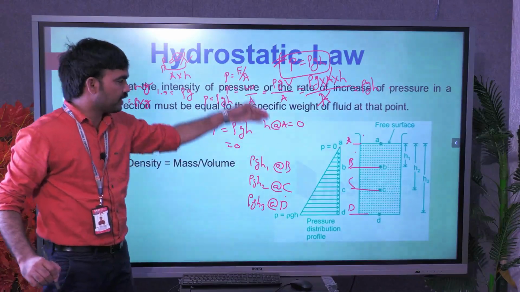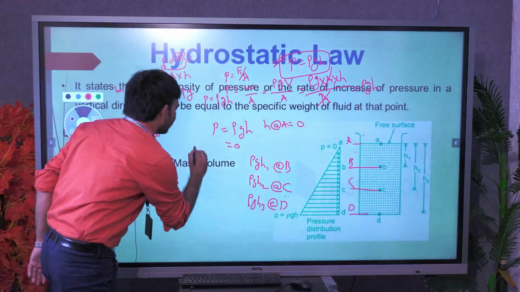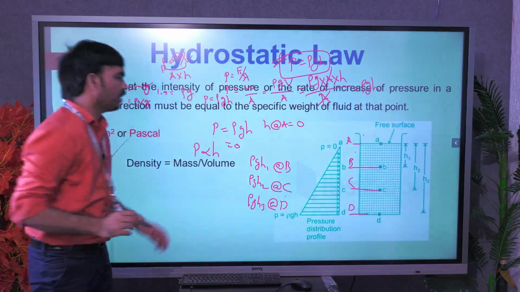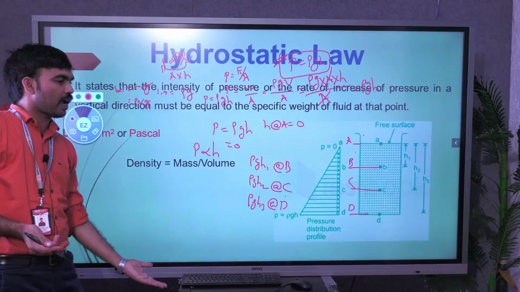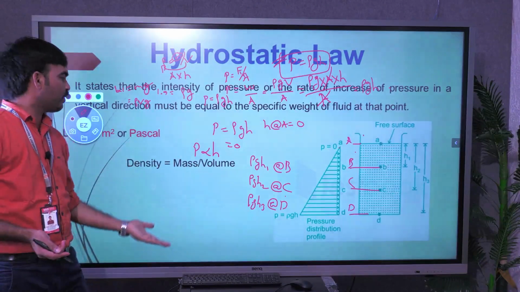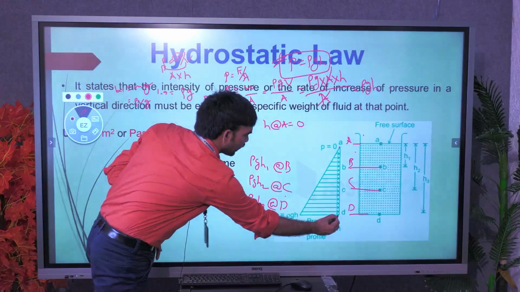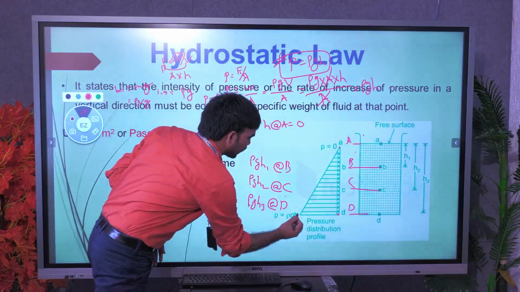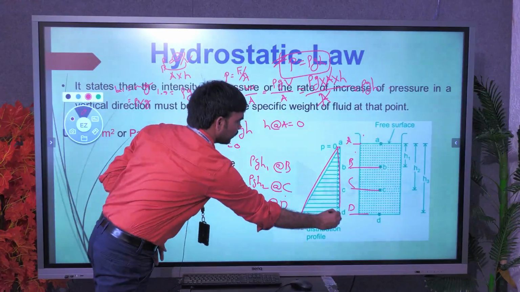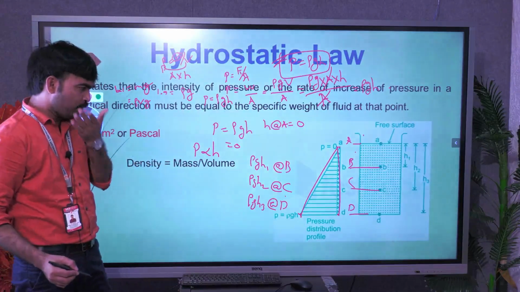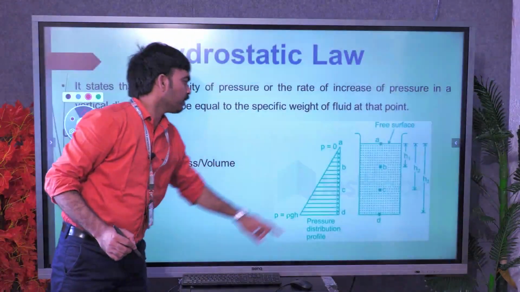So the height is increasing from top to bottom. That means the pressure will increase, because the pressure is directly proportional to the height of the liquid. If the height of the liquid is more, the pressure will be more. That's why the pressure is 0 at the top and maximum at the bottom, right? If you join these, you will get a triangle. So, triangular force. This is about the hydrostatic law.